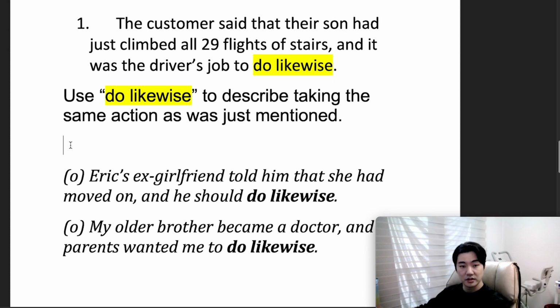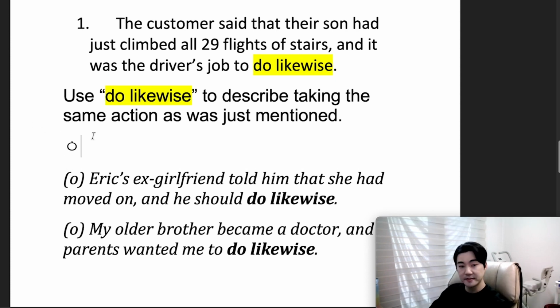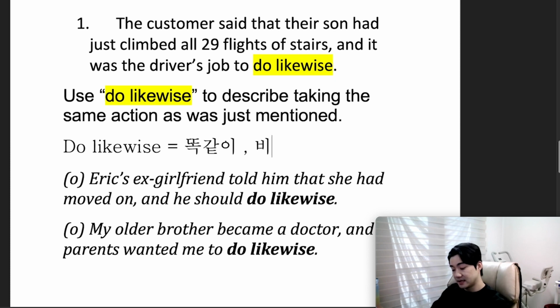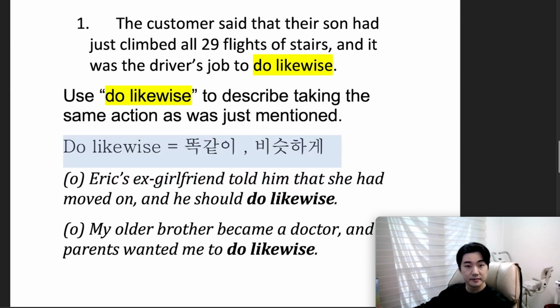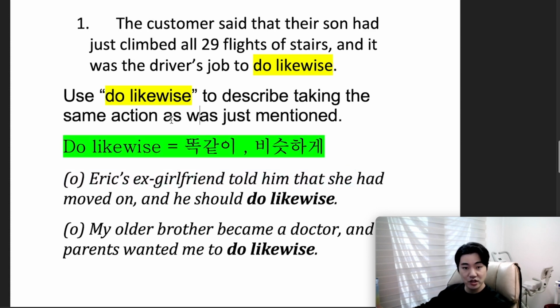Okay, so when we do something likewise, to do likewise, basically 똑같이 or 비슷하게. So to do something likewise, to do the same as the action that was just mentioned.